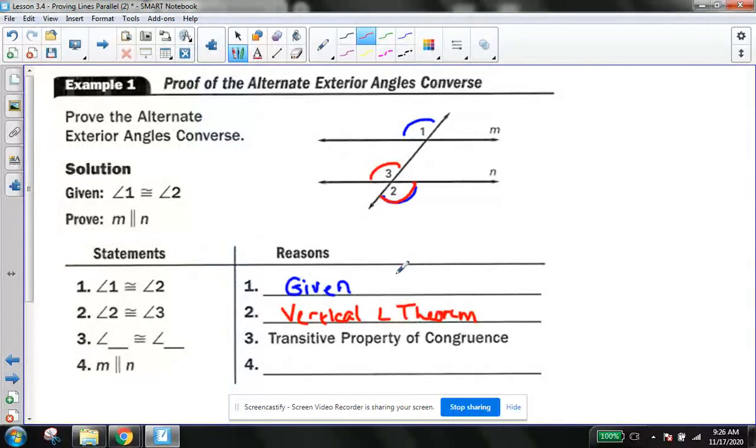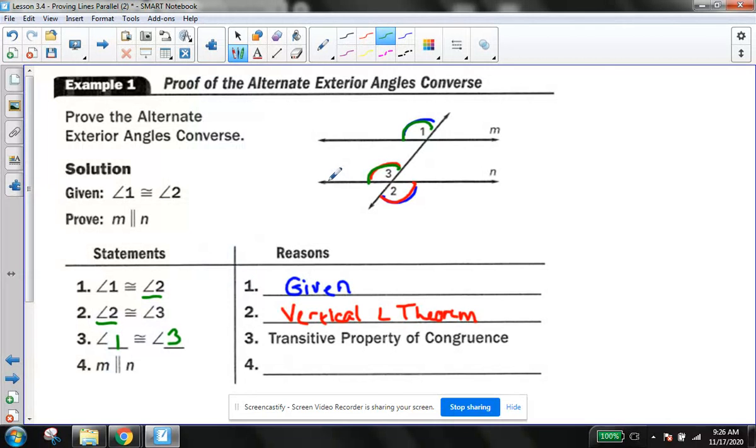All right, now, if you look very carefully, you are going to see that we have an angle that's being repeated. And by the transitive property, we can cut out that middleman. So we can say angle 1 is congruent to angle 3 now. I'm going to color that in green. Angle 1 is congruent to angle 3.